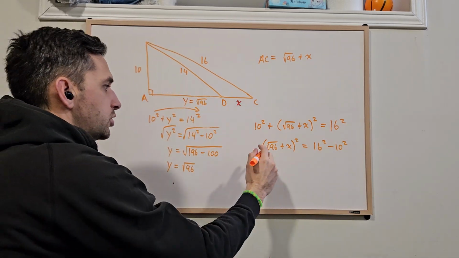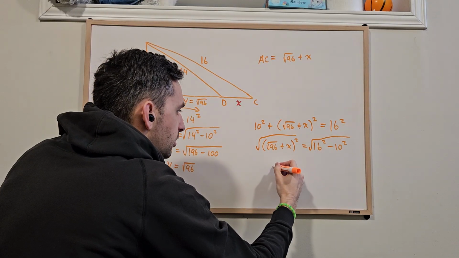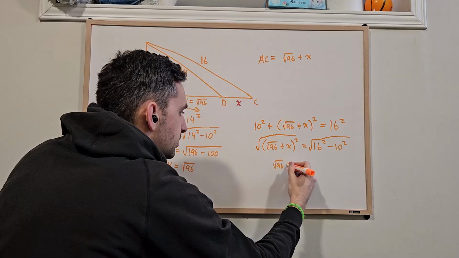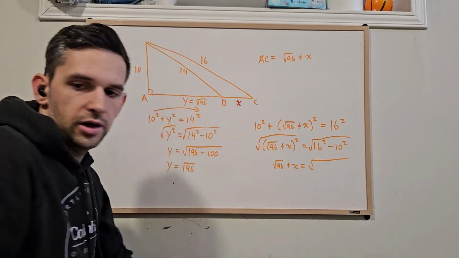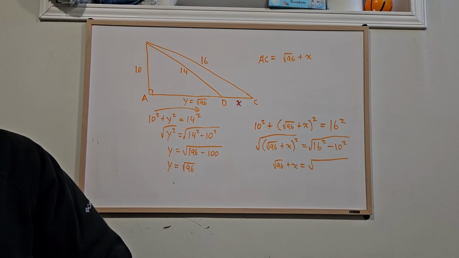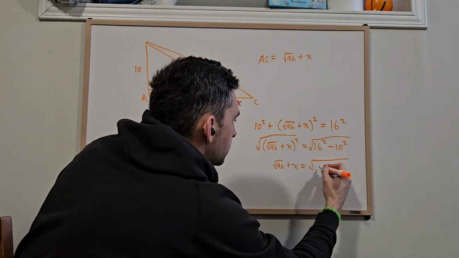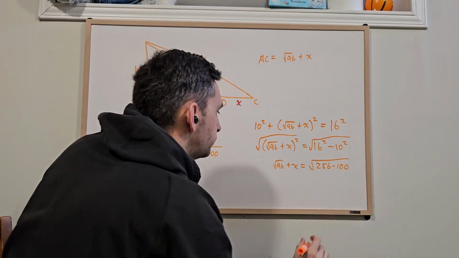Once again, we square root both sides, and here we'll have the square root of 96 plus x is equal to, here I have 16 squared, which is 256. So I have 256 minus 100.